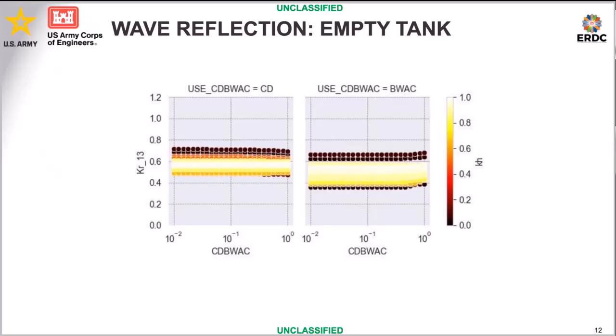So on these plots here are the reflections as calculated by the Suzuki Goda model. And you can see that there's clearly some dependence on hydrodynamics, so KH, the dispersion parameter, that either brings it up or down, but it doesn't actually vary a whole lot with either CD on the left or the breakwater coefficient on the right until you get to relatively extreme values. And these values here, if you were to zoom in a little bit, you would see that they do vary a little bit more on the tails.